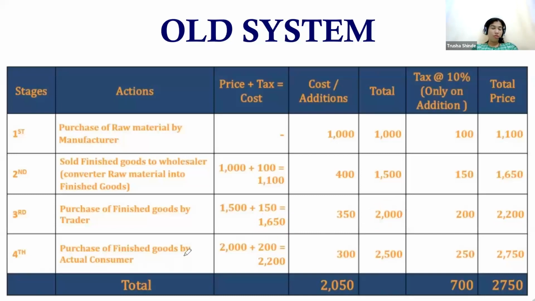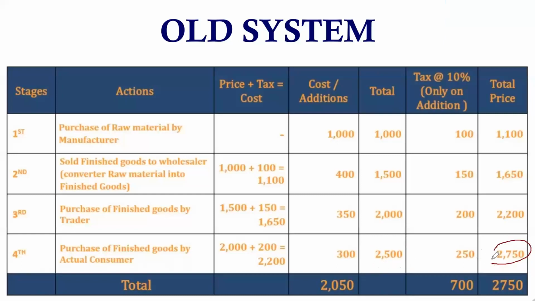Further, the consumer purchases that particular good from that retailer with the addition of profit or other expenses of rupees 300. The total comes to 2500. Now the additional tax is still supposed to be paid, and the calculation was done on this amount, that is 2500. Now the end consumer gets that particular product for rupees 2750.